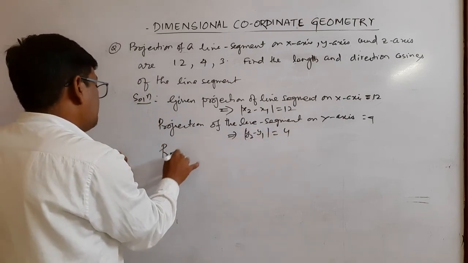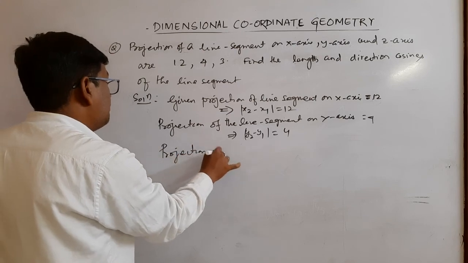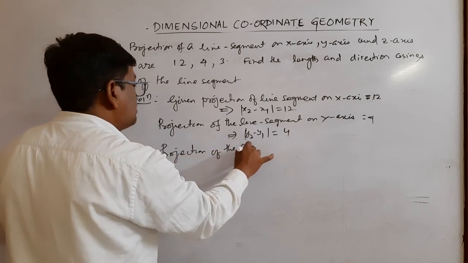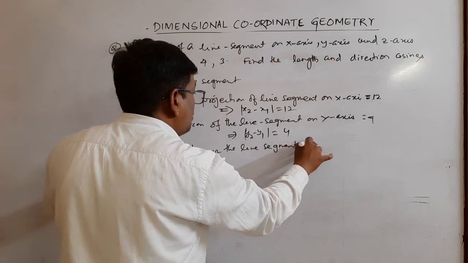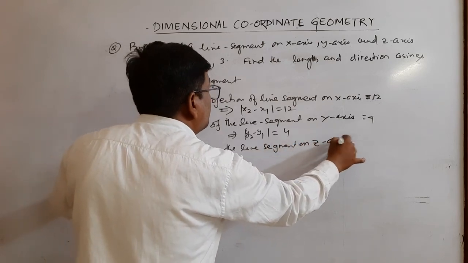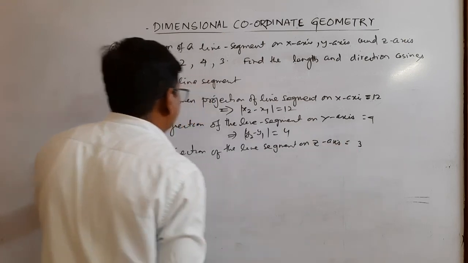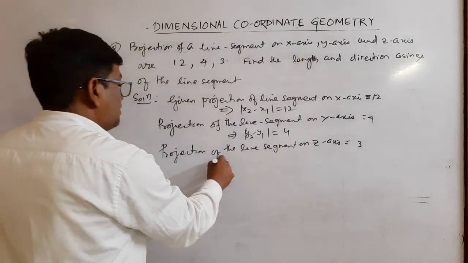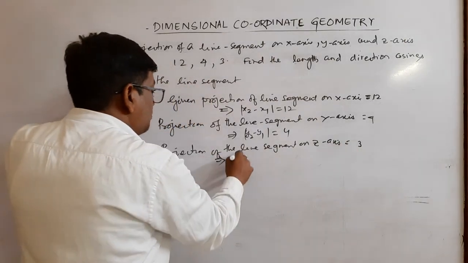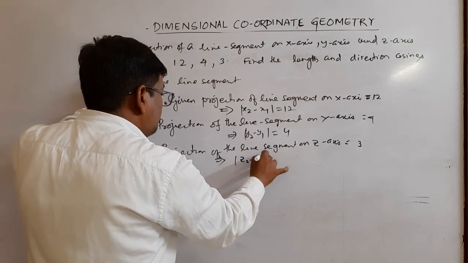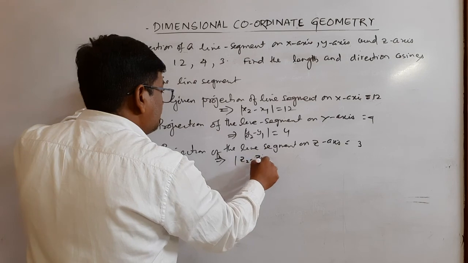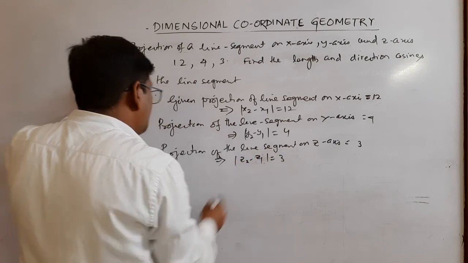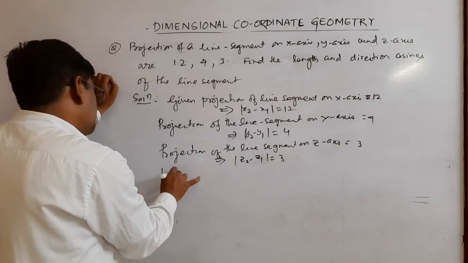Projection of the line segment on z-axis is equal to 3. That implies mode of z2 minus z1 is equal to 3. Now the distance or length of the line segment.